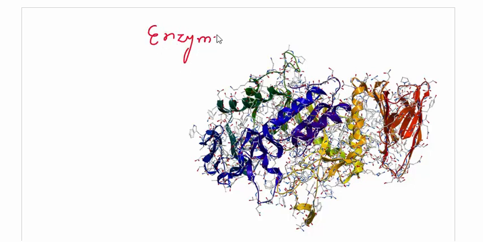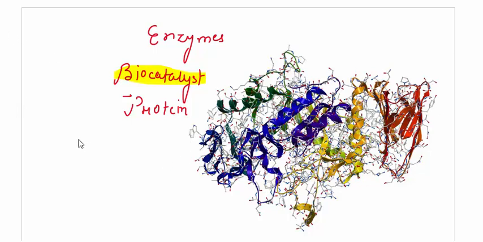Enzymes are considered the biocatalyst. What are enzymes made up of? They are proteins, and they are considered biocatalysts because they are there for the living reactions. Enzymes enhance the rate of biochemical reactions, meaning the reactions which take place in our body.